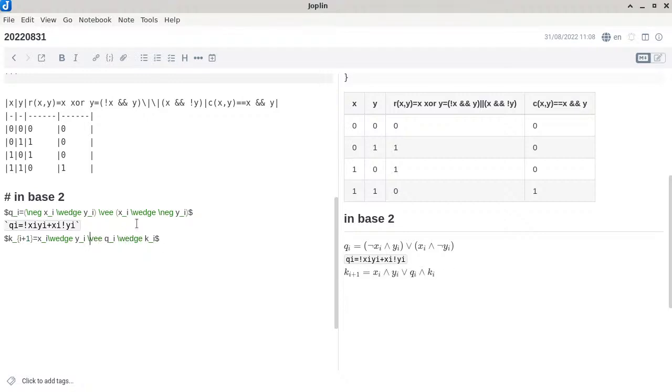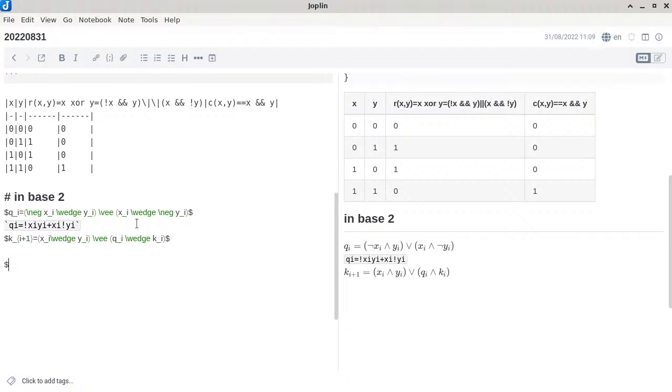And I'm going to put in some extra parentheses just to emphasize the AND happens first, like so.